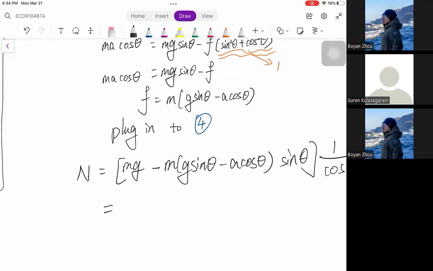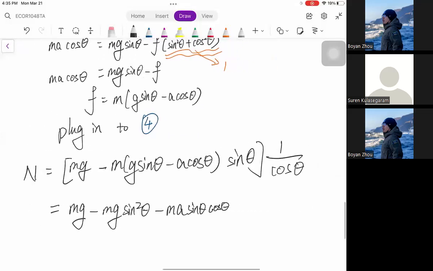And then I'm putting the sine theta and m inside this bracket. So that is mg minus mg sine squared theta minus ma sine theta cosine theta, bracket, everything times 1 over cosine theta.